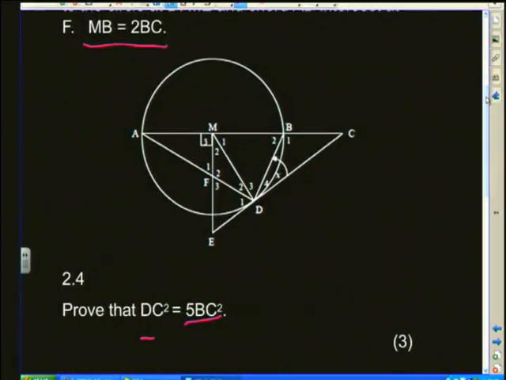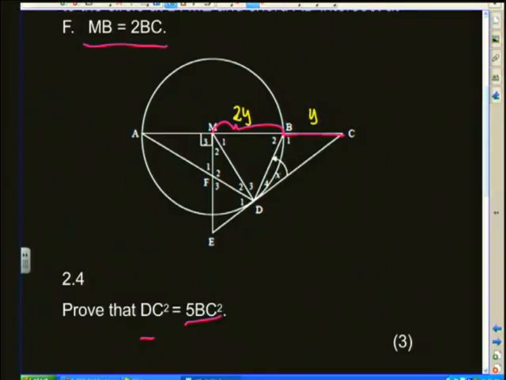So MB is twice the length of BC. If you see things easier with variables, you can say let BC equal to y. Therefore, if MB is twice BC, it would be 2y. If you prefer, you can use variables. There's nothing wrong with that.